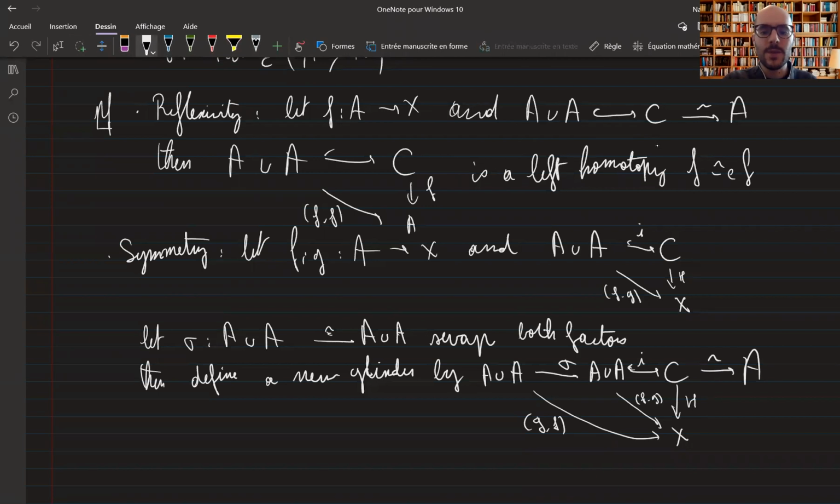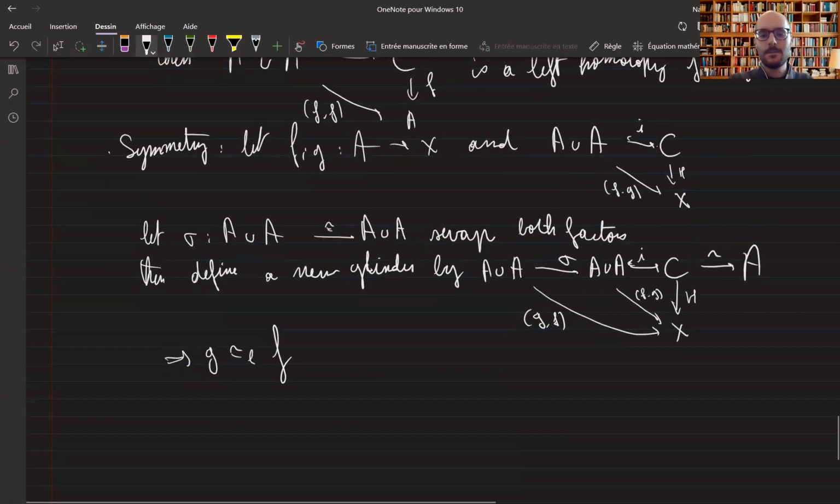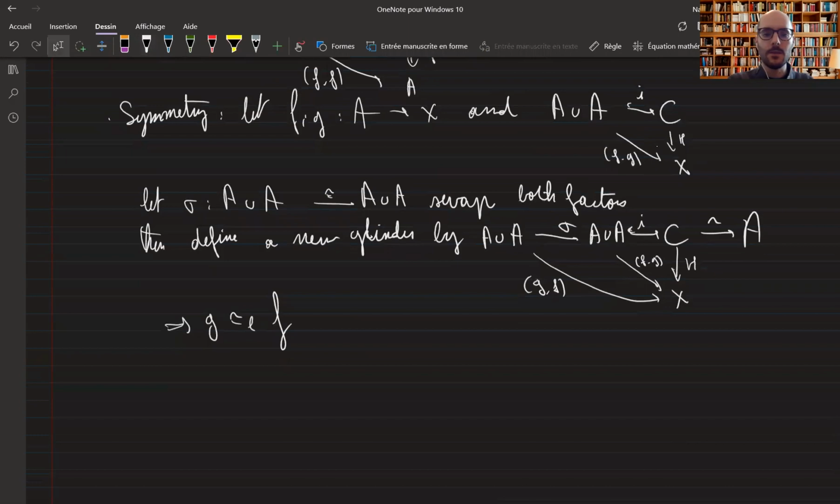What was considered the t equals 0 part is now the t equals 1 part, and similarly, what was the t equals 1 part is now the t equals 0 part. Therefore G is left homotopic to F.